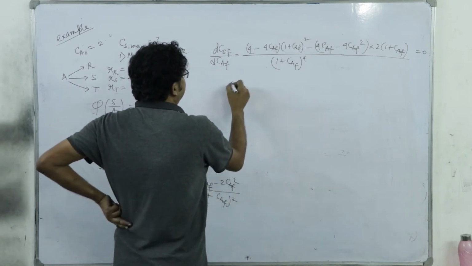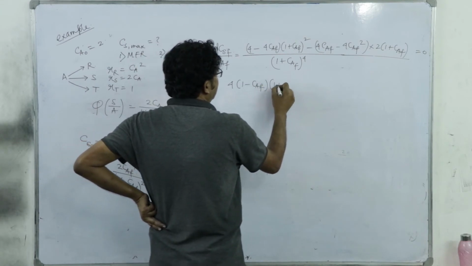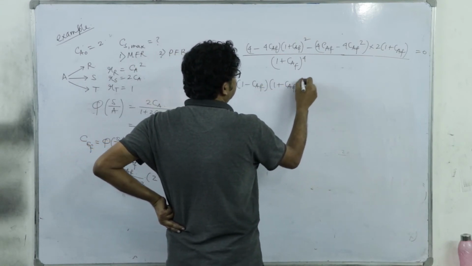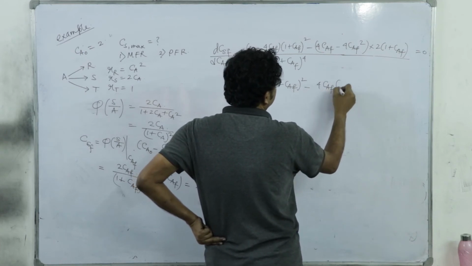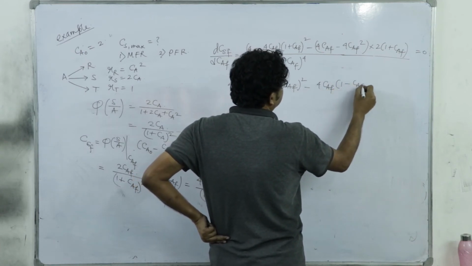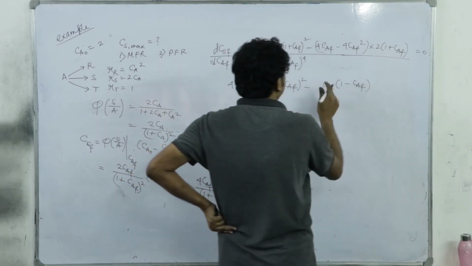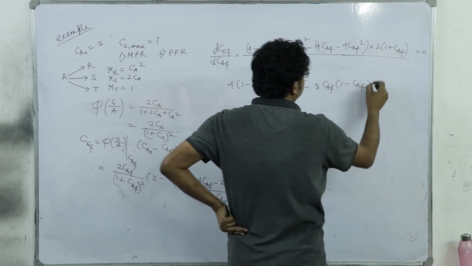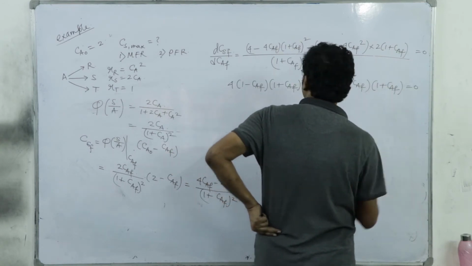So 4 (1 minus CAF)(1 plus CAF) square minus 4 CAF (1 minus CAF), and here it will be 8 because 4 into 2 is 8, into (1 plus CAF) equal to 0.